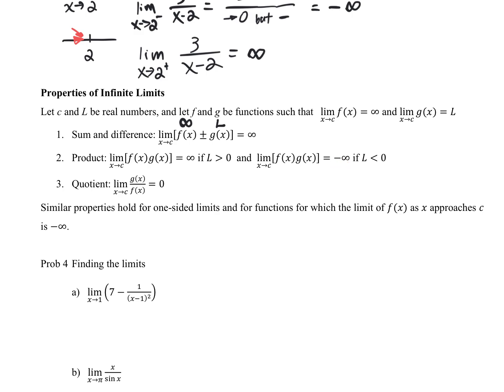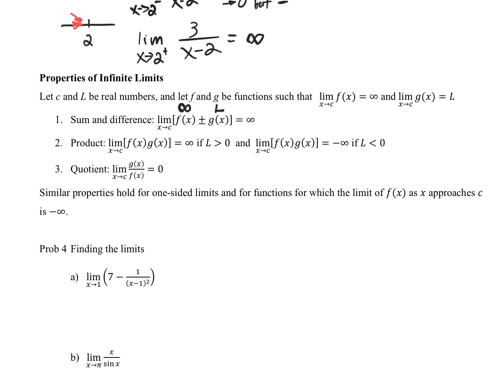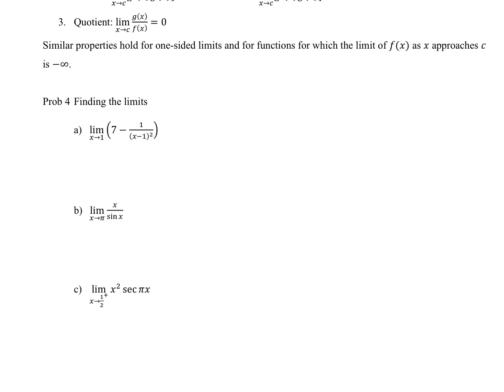For the quotient, because the limit of g is a number L and the limit of f is infinity, a number over infinity will be 0. Similar properties hold for one-sided limits and for functions for which the limit of f as x approaches c is negative infinity. We just do the appropriate adjustments. Let's take a look at the following examples.